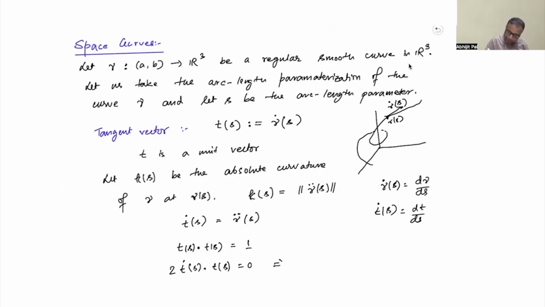This implies that T dot s is orthogonal to Ts.